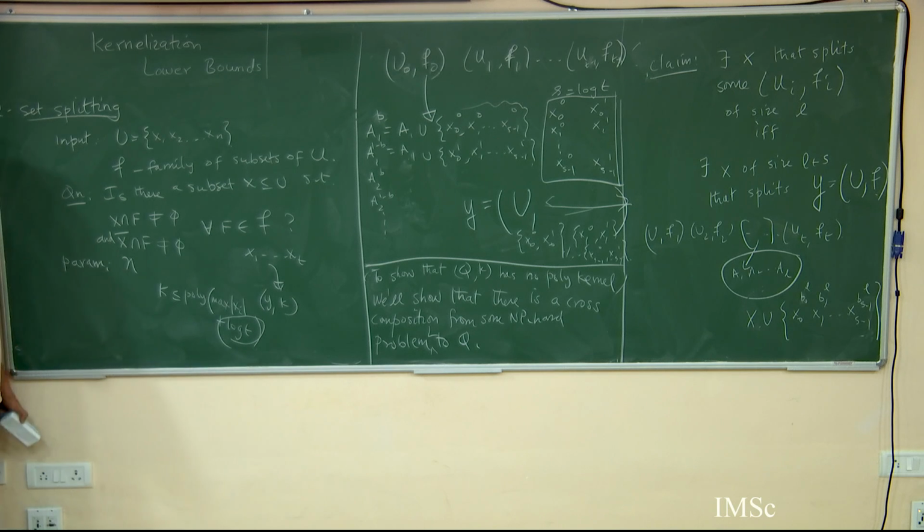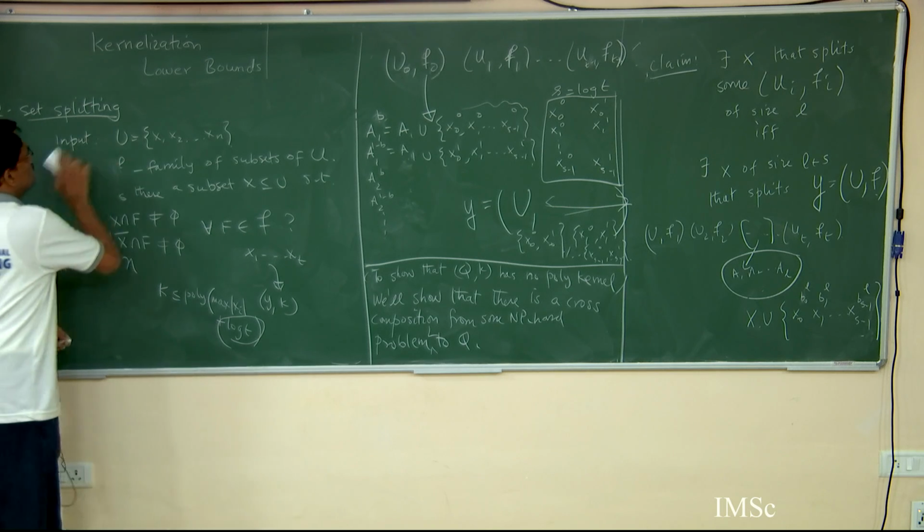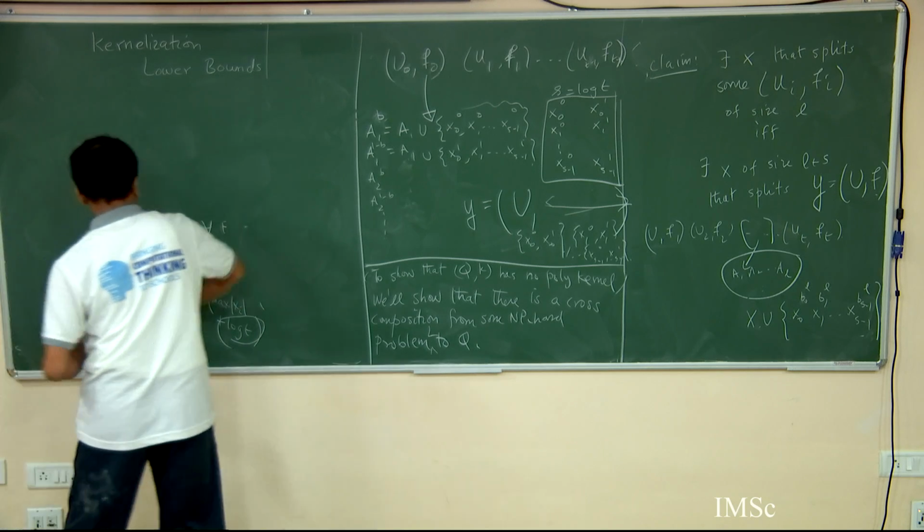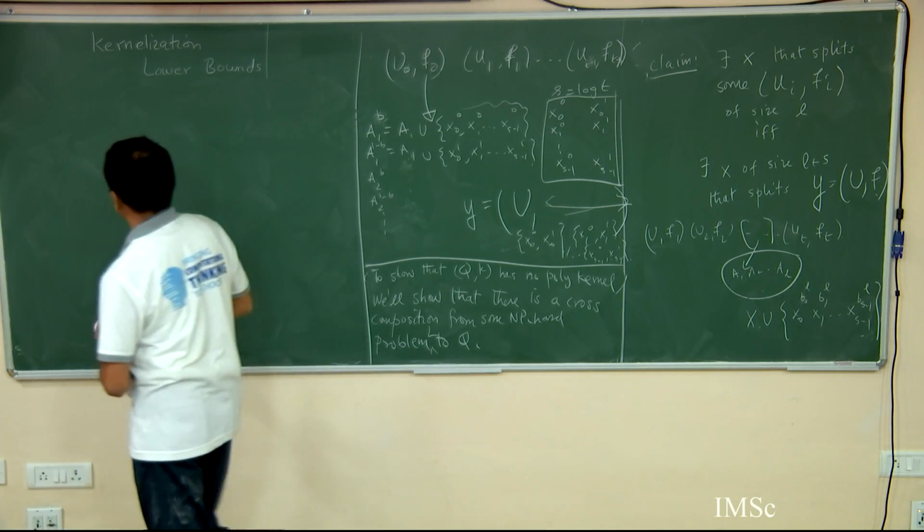Now, if I want to show something is NP hard, what do you do? You are not going to always reduce from SAT. You pick another NP hard problem and reduce to your problem, right. So, that machinery also happens here. So, you do not necessarily have to design a cross composition all the time to show there is no polykernel. So, I have given 2 examples.